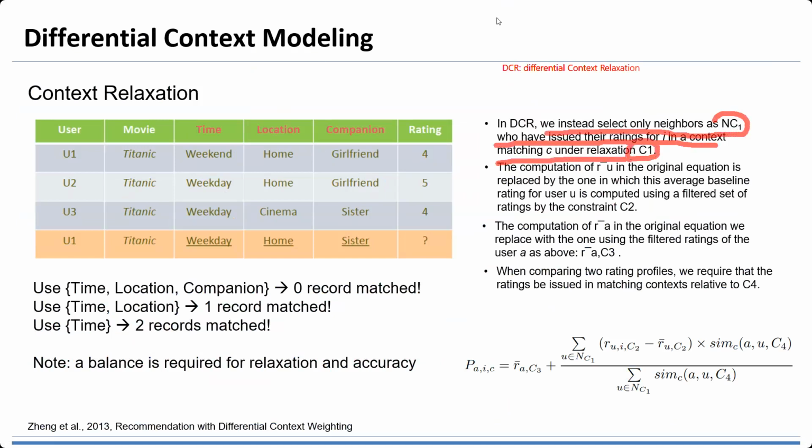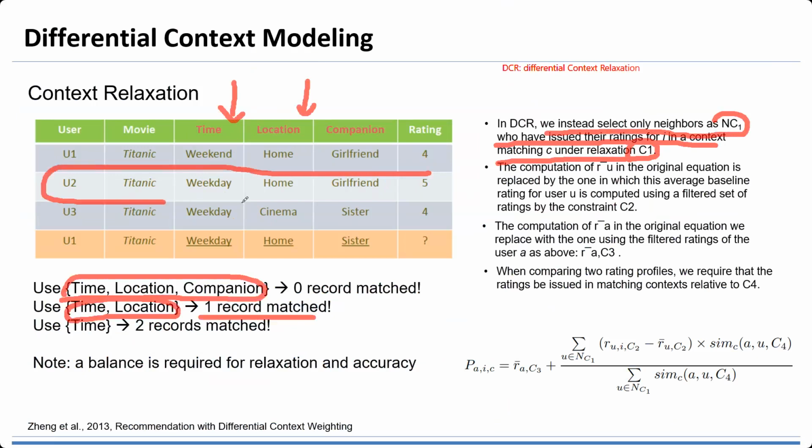So we have a kind of condition that can relax this context. After we relax, we have the time and location. Then we will just use the time and location because it is one match. So we just use the possible data, in this case, this one.